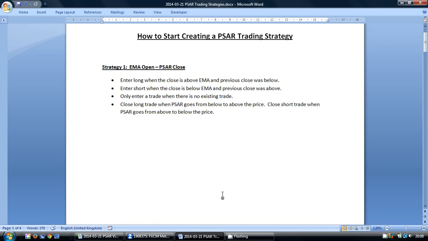I'm going to enter short when the close is below this EMA and the previous close was above. We're only going to have one trade at a time, and we're going to use the PSAR to close. So when the PSAR flips, if we're in a long trade and the PSAR flips from below to above, we're going to close the trade, and we'll close a short trade in the opposite situation.